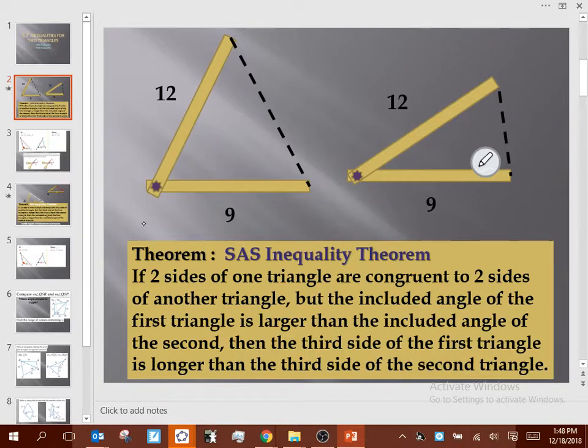So we are comparing angle measurements. Oh, wait, sorry, let me rephrase that.